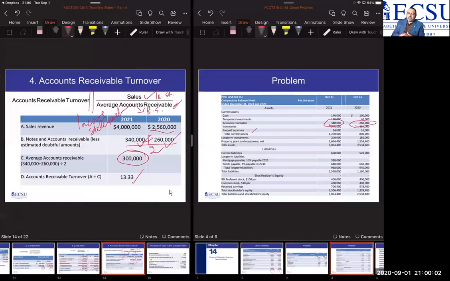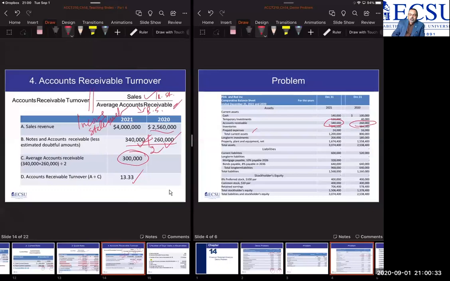But if you are a grocer or a consumable item dealer, then your ratio could be higher. So it depends upon which kind of industry and business you have to really be able to tell whether this ratio is good or not. We consider 13.33 a fairly good ratio because it is a fairly large number.